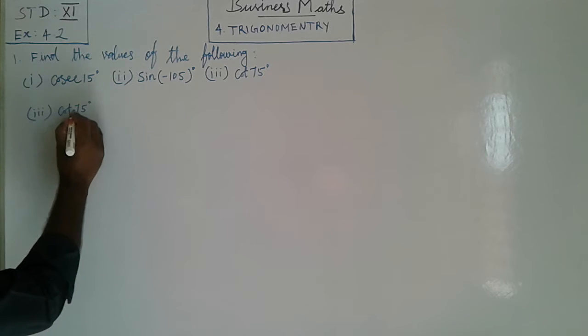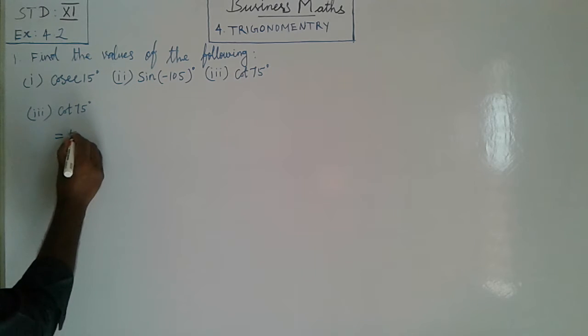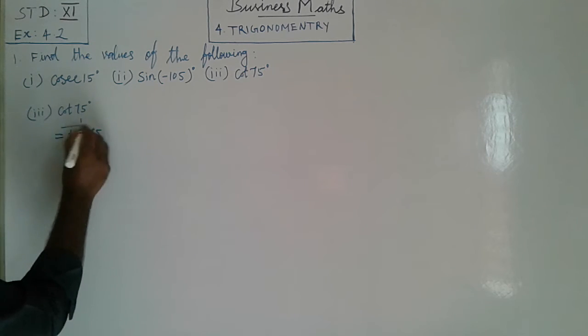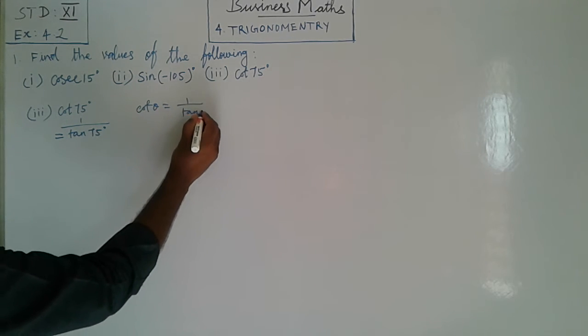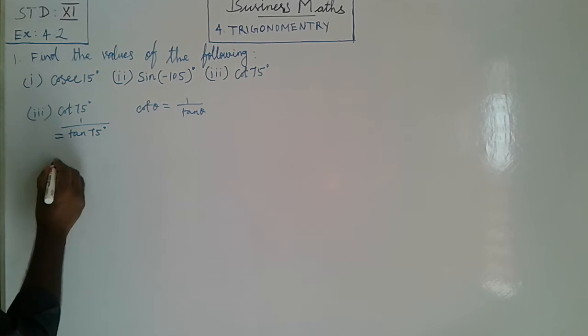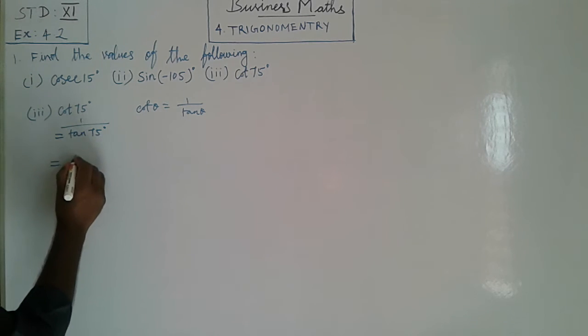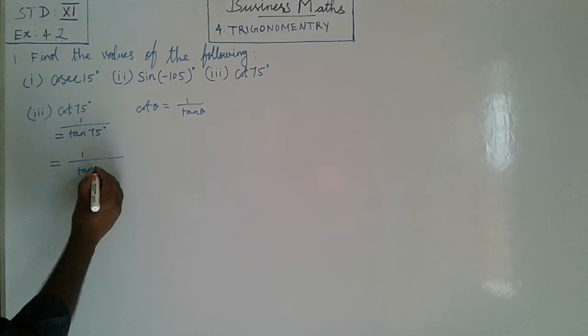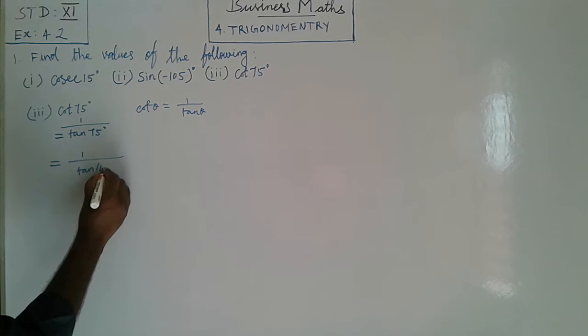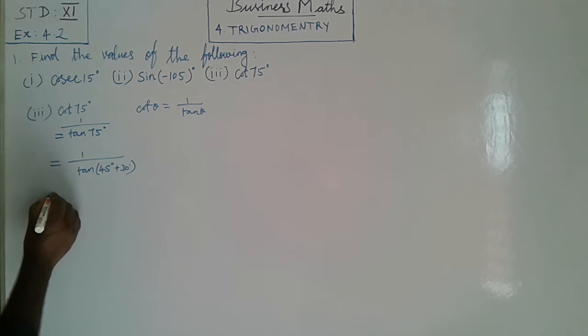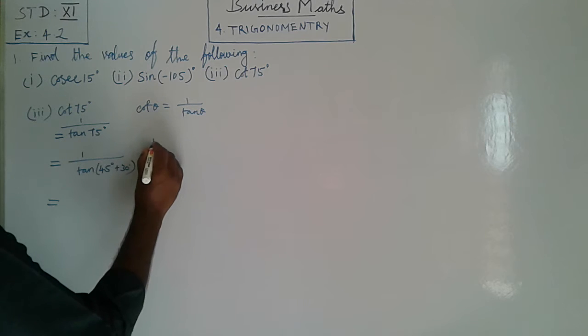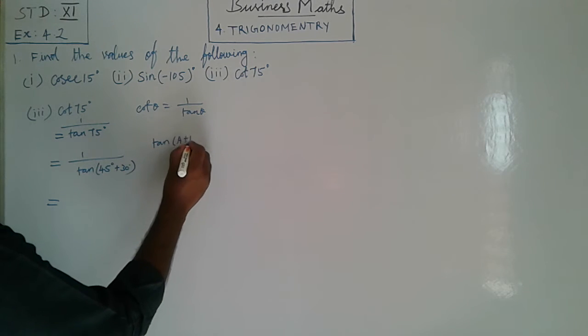Next, the third sum, cot 75 degree. Cot 75 degree we should write as 1 divided by tan 75 degree. We know that cot theta equal to 1 divided by tan theta is the formula. So we write tan 75 degree with 75 as 45 degree plus 30 degree.